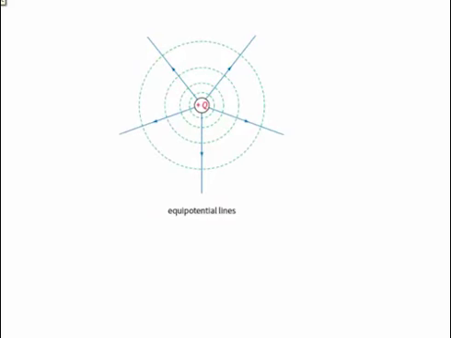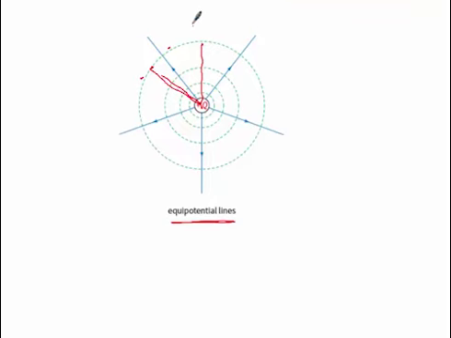Now, this shows us the equipotential lines. It means all the points on the same line are at the same distance from the center. That's why they have the same potential. We are talking about potential.